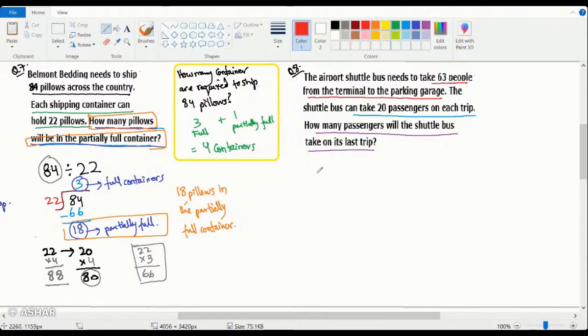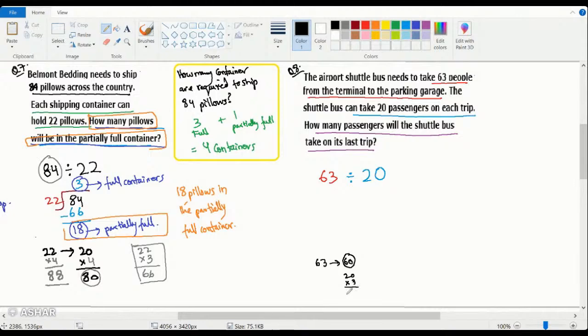Can we say 63 people are to be put in a certain number of shuttles, but each shuttle can take 20 people? Agreed? So when we need to divide 63 by 20, can we round off 63 to a nearer number, 60? That's a whole number, right? And 20 multiplied by 3 would be 60.